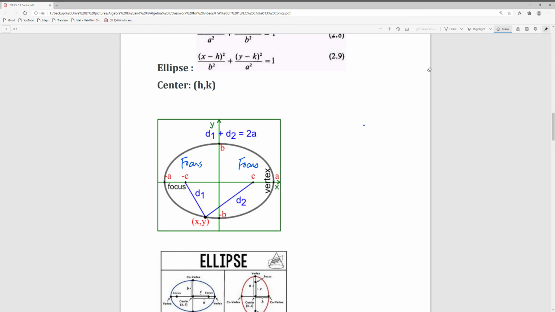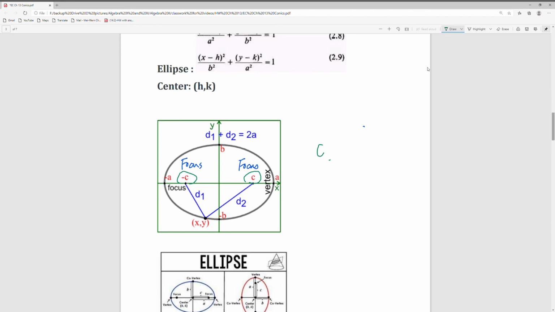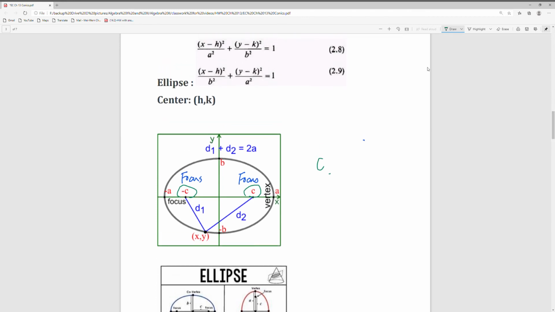In the formula, we don't see anything about the c. That's because after you use the distance formula, you want to calculate this distance and this distance, and these two distances added together need to be a fixed number, 2a. A is this one. Okay, this plus this.